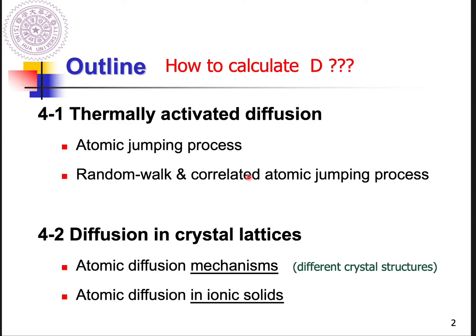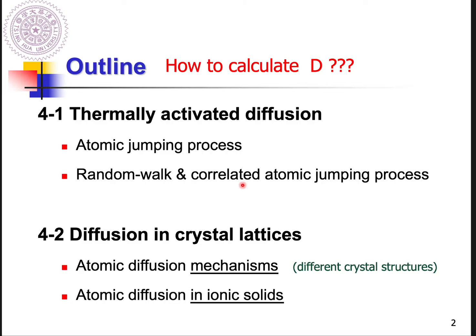The other one is the correlated atomic jumping process. That means this jump is correlated with the previous jump or the next jump. For example, if we have a pure metal, the atoms can diffuse by exchanging with vacancies, right?